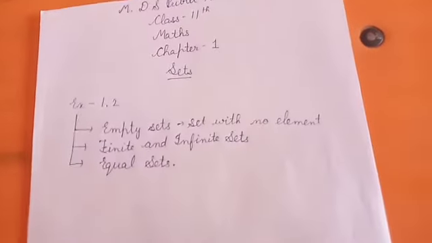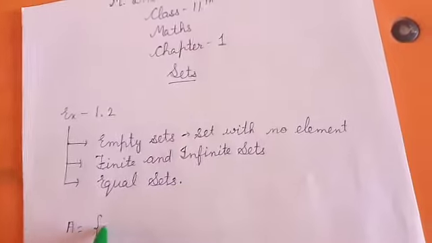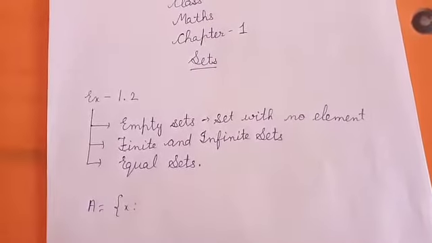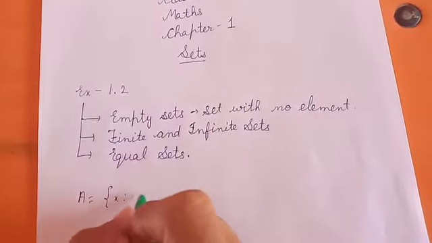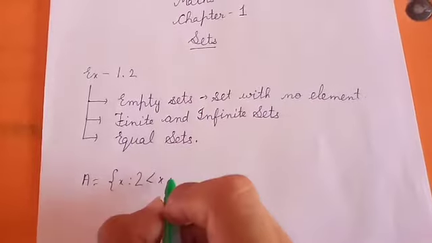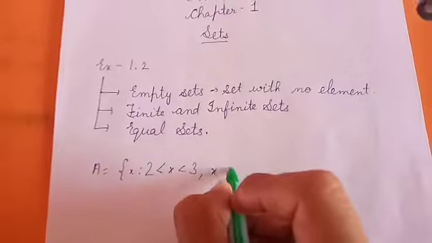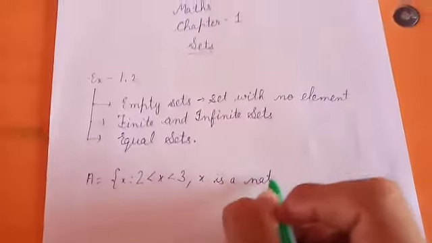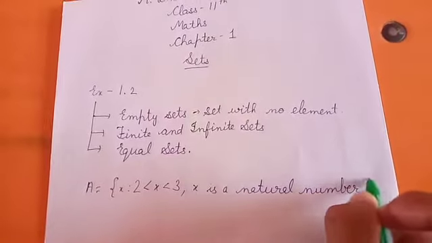You can take an example: A is our set, and I am writing this in set builder form, where x is greater than 2, less than 3, and x is a natural number.